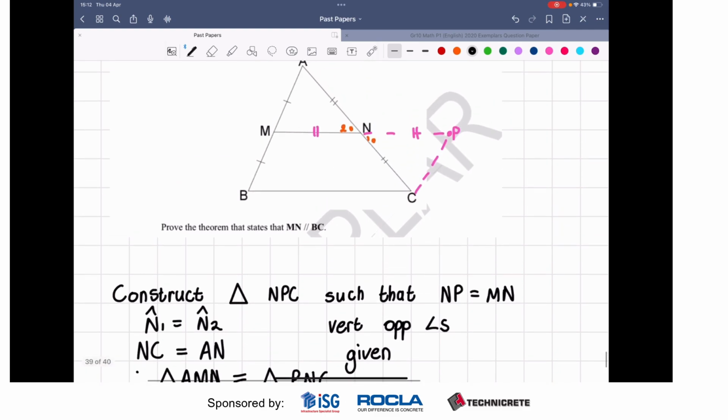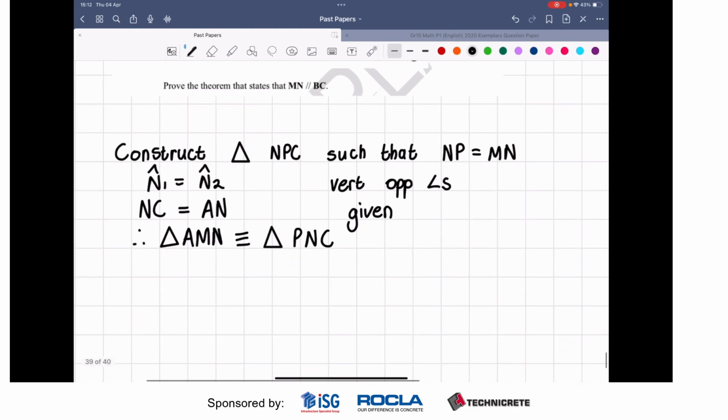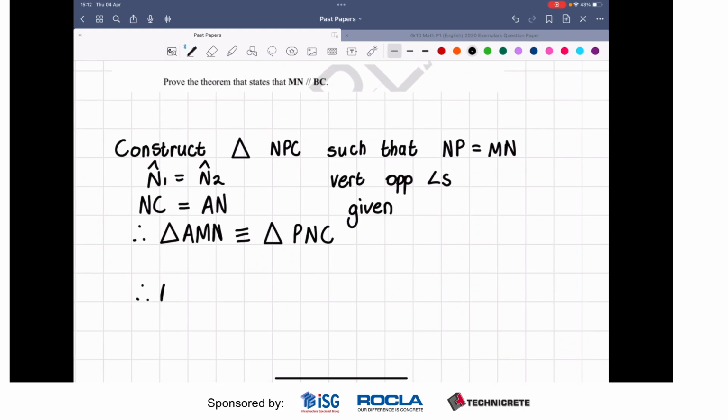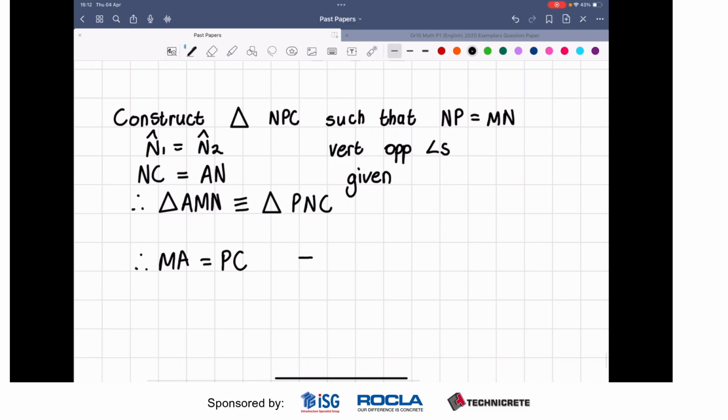Okay, then from the congruency, I can say that this side here, PC, is going to be equal to this side, MA, and that is from congruent triangles.